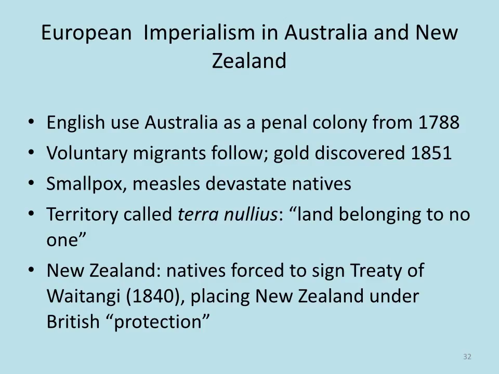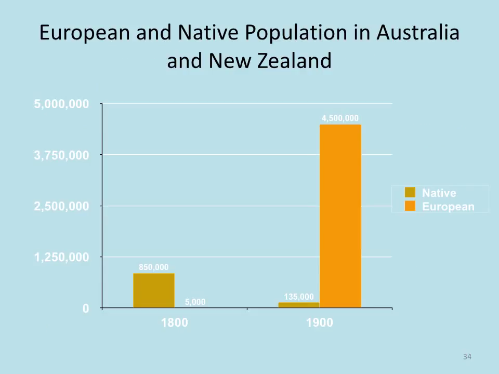We're going to see that New Zealand is going to be forced to sign a treaty, which means that New Zealand is going to be under British protection. They're going to be forced to do so, not obviously by choice, but it's going to be very beneficial, of course, for the British, not so much for the New Zealanders, I guess.